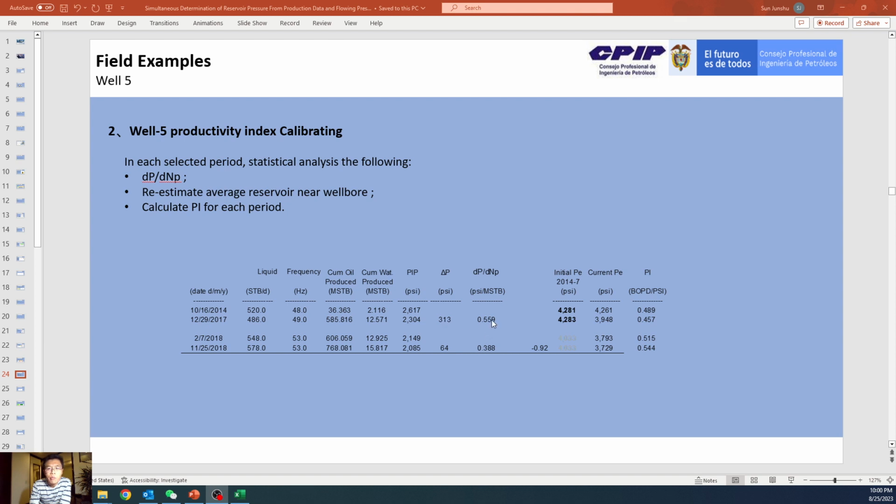From the delta cumulative produced oil and water, we can get dP divided by dNP is 0.559 psi per 1,000 barrels.